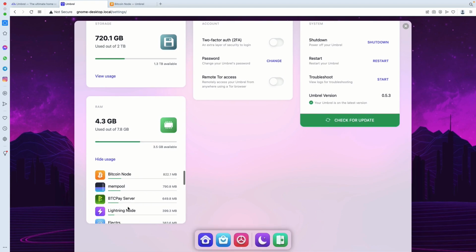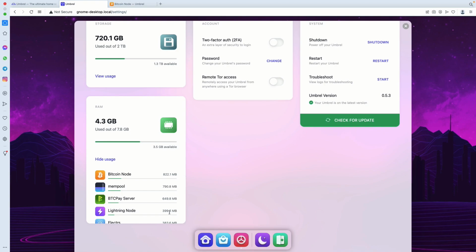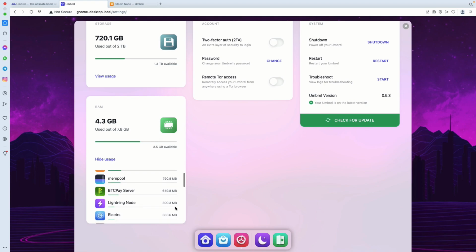The Bitcoin node is already taking 800, so if I put together 800 plus the system 300, sorry, I already get 1.2. So if you really only want to run a Bitcoin node, 2 gigabytes is maybe okay.